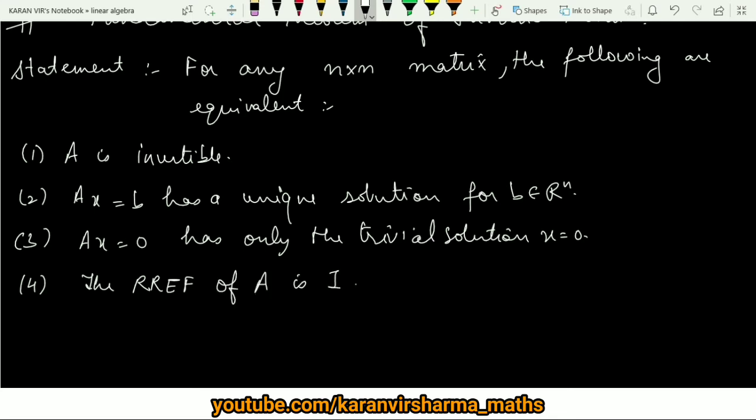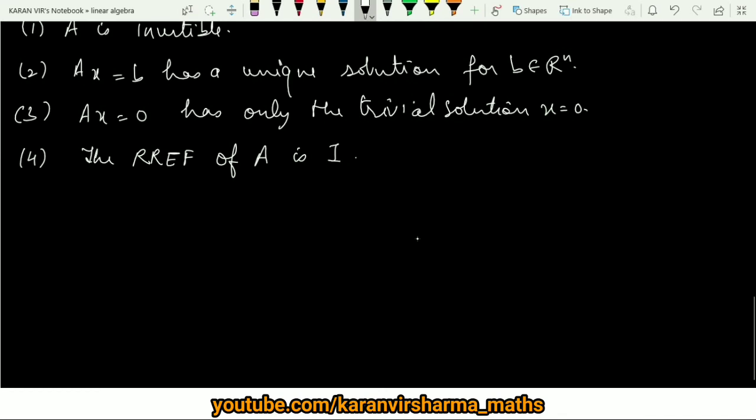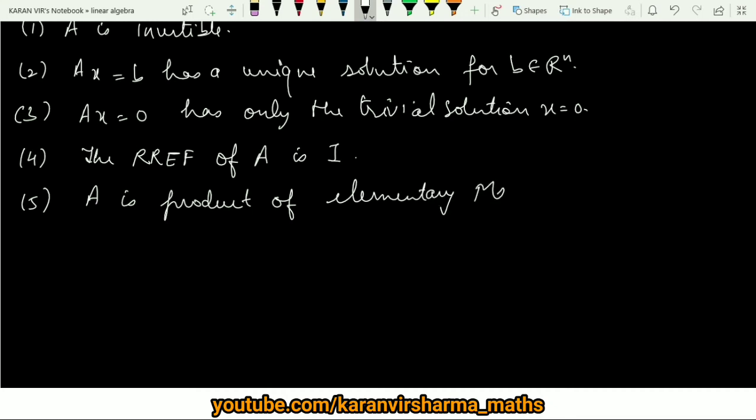I'll denote identity with capital I. And the fifth equivalent statement is that A is a product of elementary matrices. So that is what the statement of the fundamental theorem of invertible matrices states.